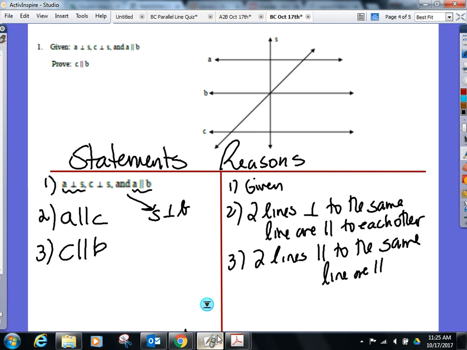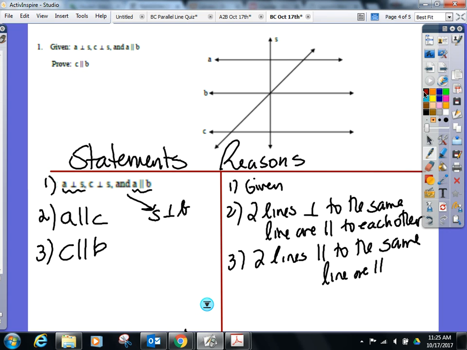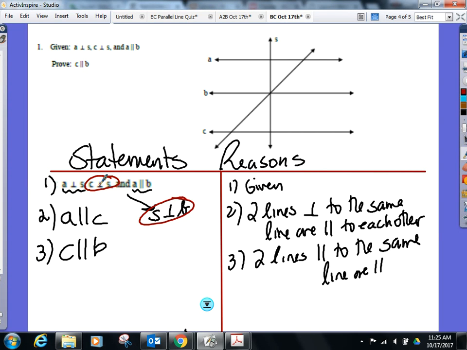Okay, we just got this alternative statement instead. So we know S is perpendicular to B, and we also know C is perpendicular to S. What do you know about C and B here? Why? Because two lines parallel to the same line are parallel. Are those two parallel?